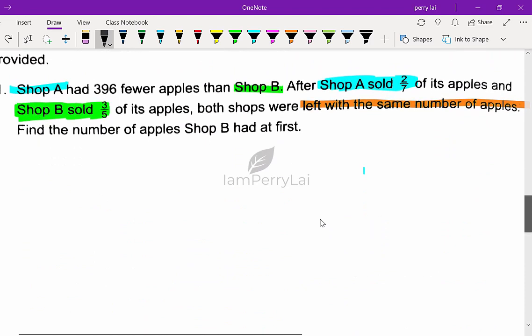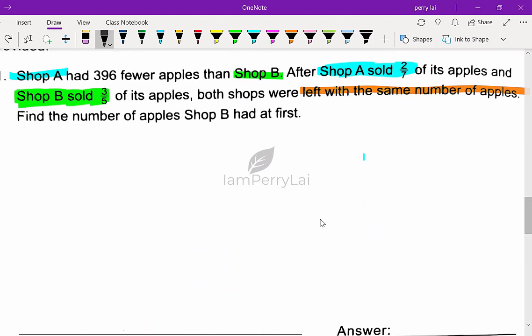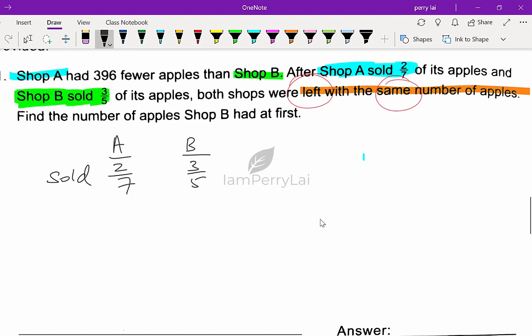So now to do this, we have shop A and shop B. The tricky part about this is that the two fractions that are equal is what is left. What is left is equal. So what is sold is not. Let's talk about sold first. Shop A sold 2 out of 7, shop B sold 3 out of 5.